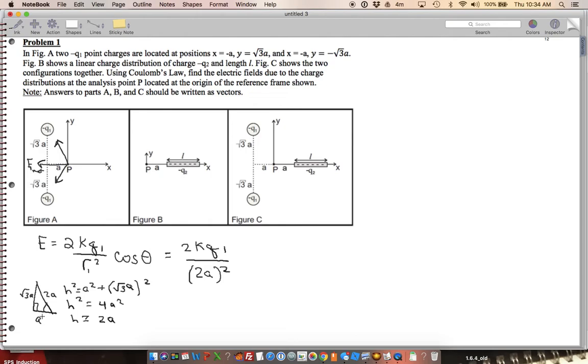So cosine theta is a over 2a. That's going to give me, these 2s cancel. I still have my 4 on the bottom. So I'm going to have kQ1 over, one of the a's cancels, so over 4a.